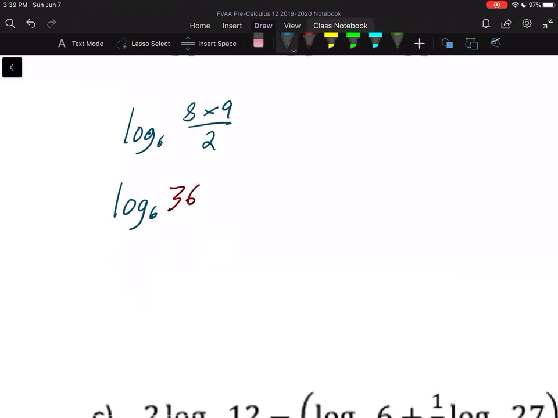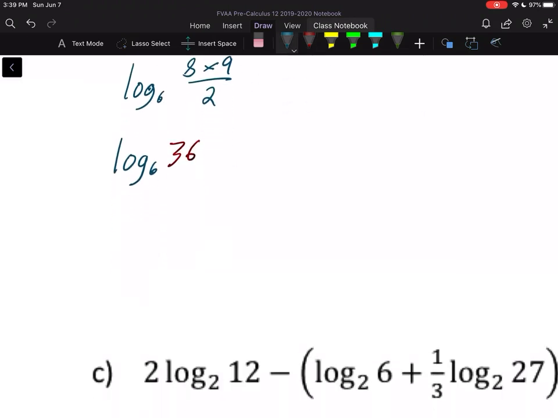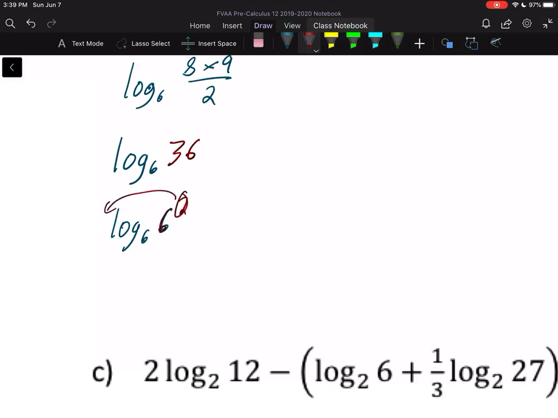All right, and at that point, you can imagine changing it to exponent form, or just simplifying it further, log base 6 to the 6 squared, right? And then it would be 1 times 2, which is equal to 2, okay? So in this situation, it's equal to 2.